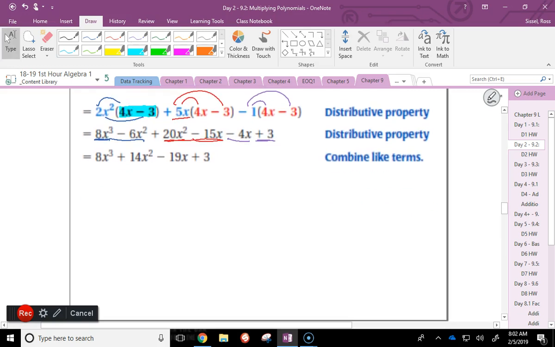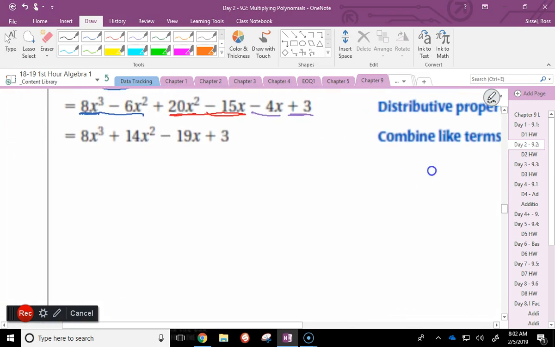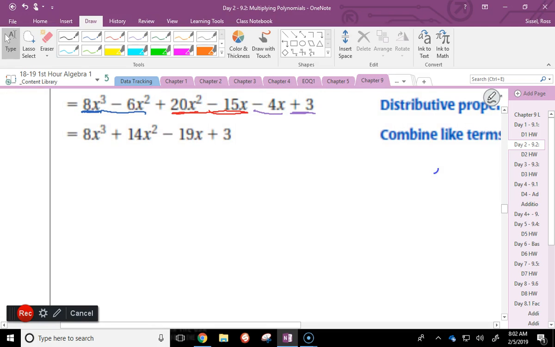So I look at my variable. They're all x. So you look for your largest value or your largest degree, which was to the third power. There was no other x to the third power, so it's alone. So I have 8x to the third power.